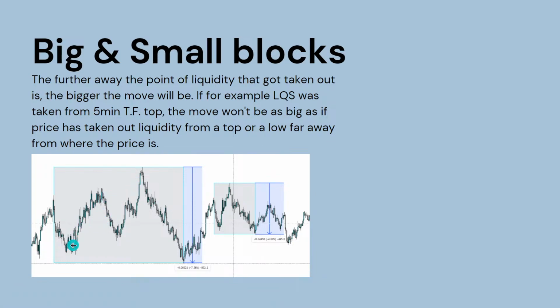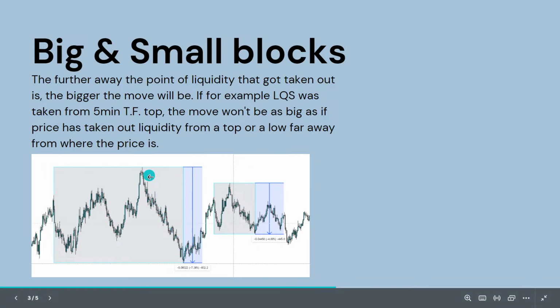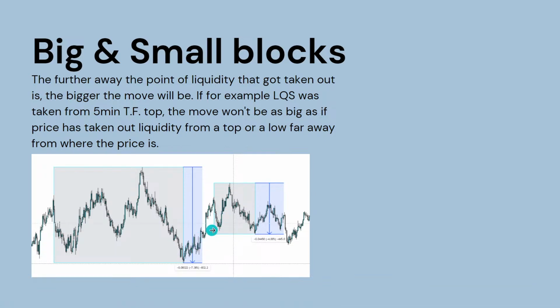But it made a bigger move right here, and then it made a bigger move down. This will be our area of profits. And here we have a smaller liquidity sweep situation, and therefore a smaller reaction. Okay, so hopefully that makes sense.